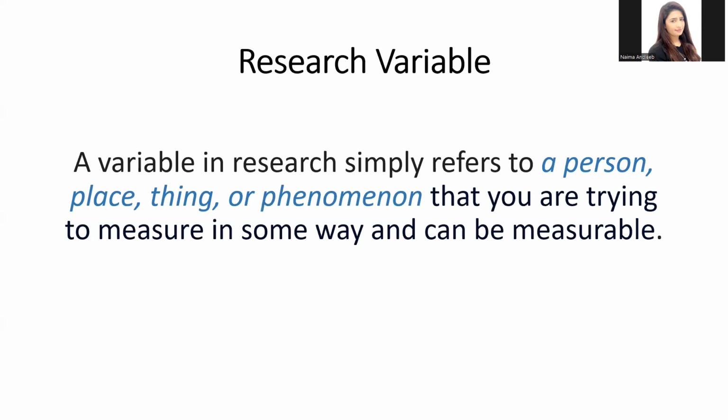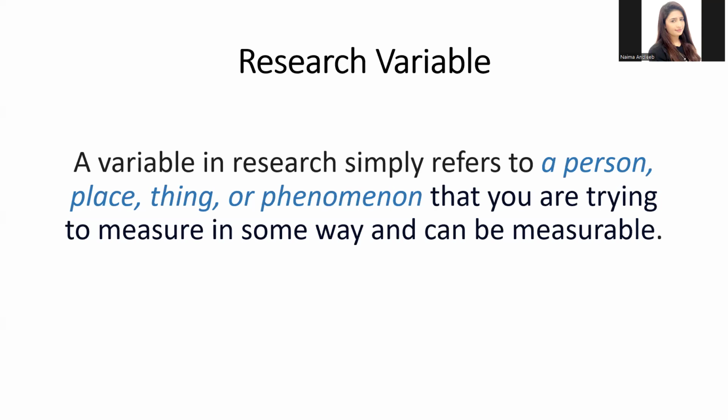Then research variables. What is a research variable? A variable in research simply refers to a person, a place, a thing, or a phenomenon that you are trying to measure in some way and that can be measurable.